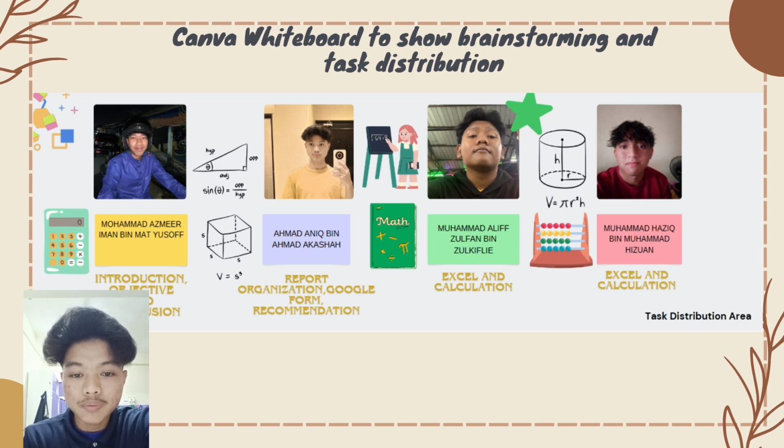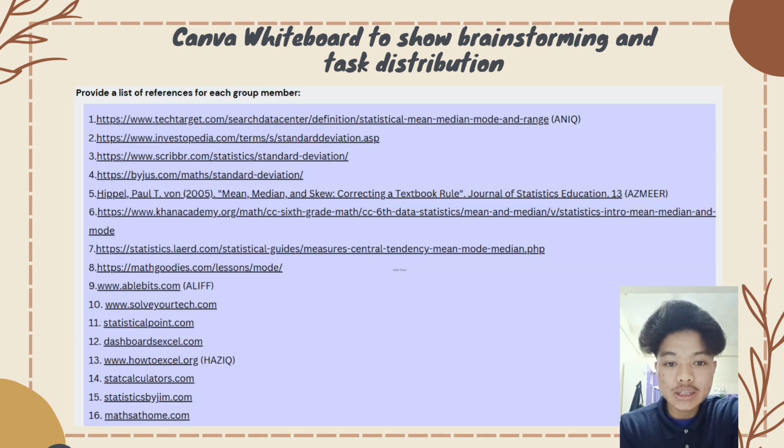Our friends Muhammad Alif Zulfan bin Zulkifli and Muhammad Haziq bin Muhammad Izzuan did the Excel and calculation. This is the list of references for each group member. We have 6 reference links which helped us in the making of this project or assignment.